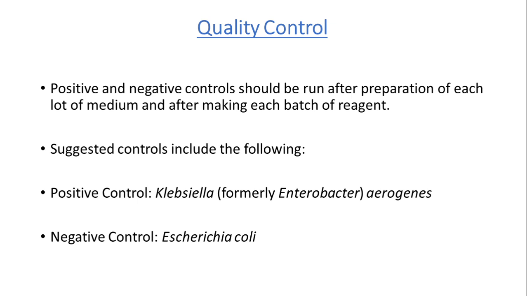Usually both the tests are carried out consecutively, and to control the media and reagent for this VP test, the positive control can be prepared by using Klebsiella species, specifically aerogenes, and the negative control can be prepared by using E. coli.